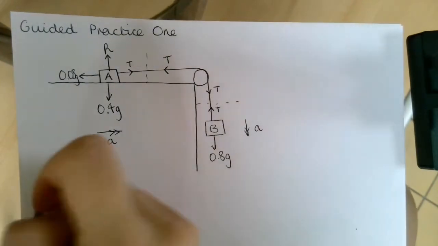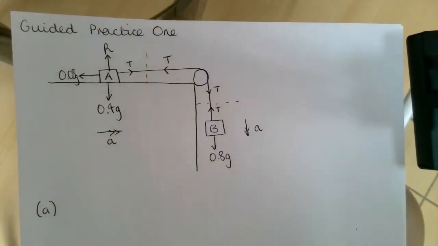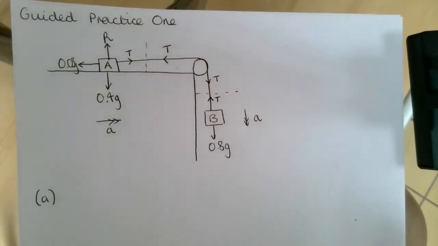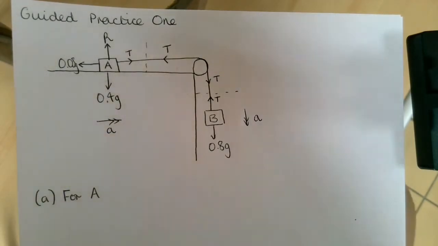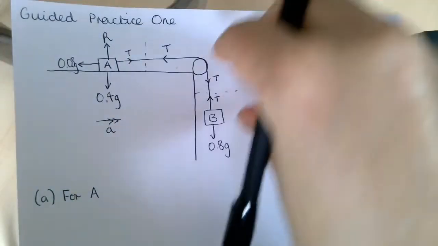So for part A, we need to find the acceleration of the system. We're going to resolve for A and B to produce some simultaneous equations, and then solve those simultaneous equations to find the value of a. We're going to consider each particle separately.